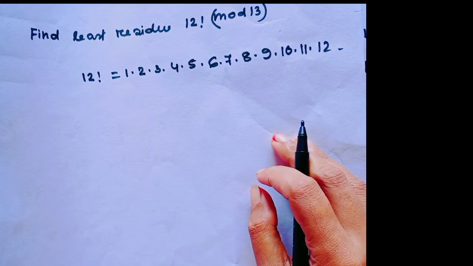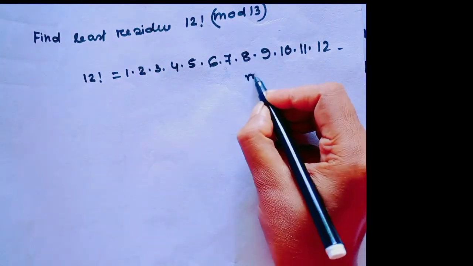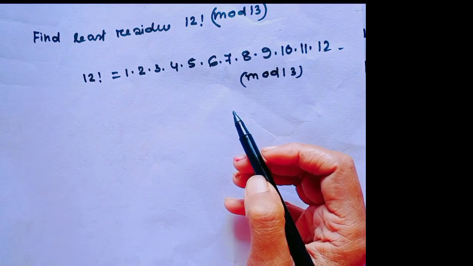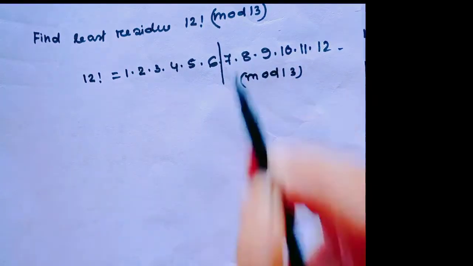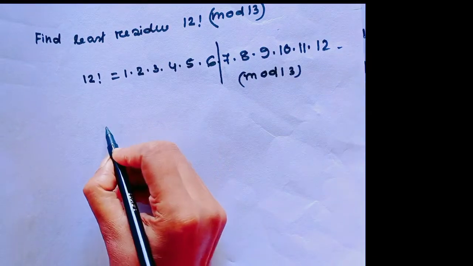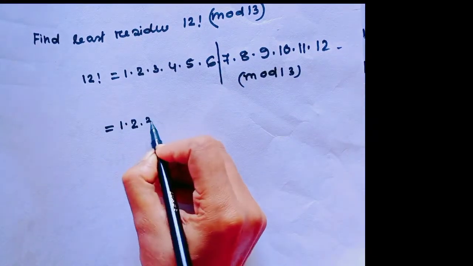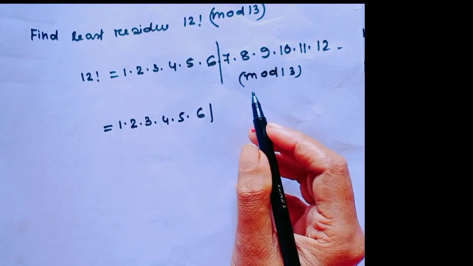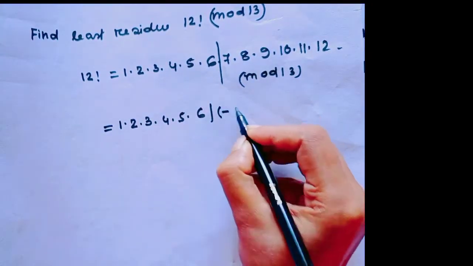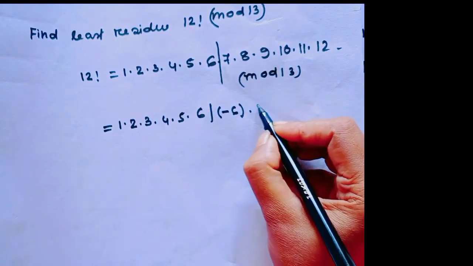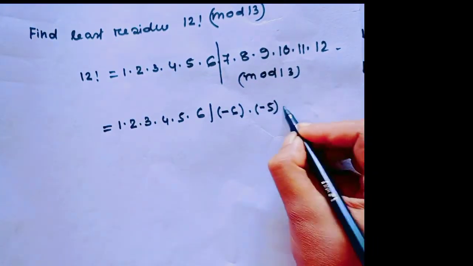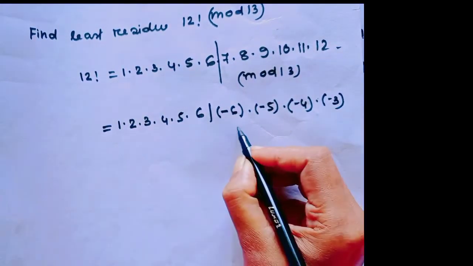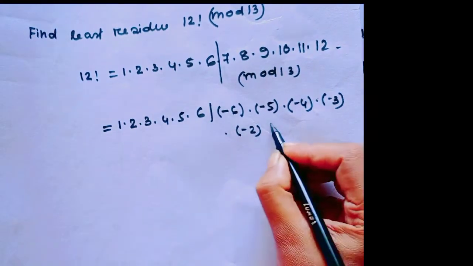Now with modulo 13, we can divide it into two parts, one positive residue and one negative residue. This will be 1 times 2 times 3 times 4 times 5 times 6, and then minus 6 times minus 5 times minus 4 times minus 3 times minus 2 times minus 1.